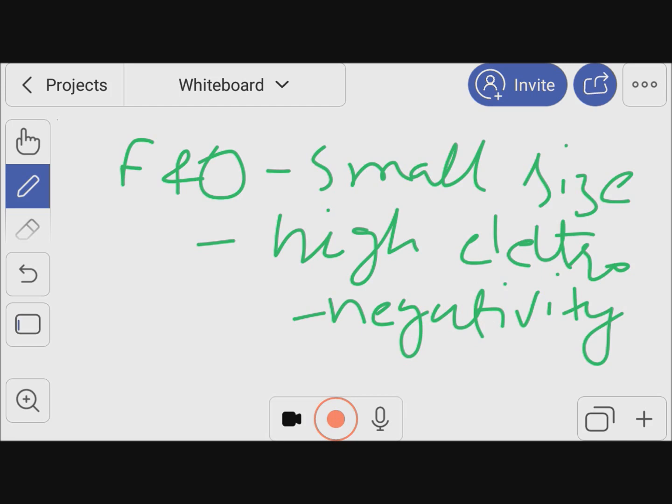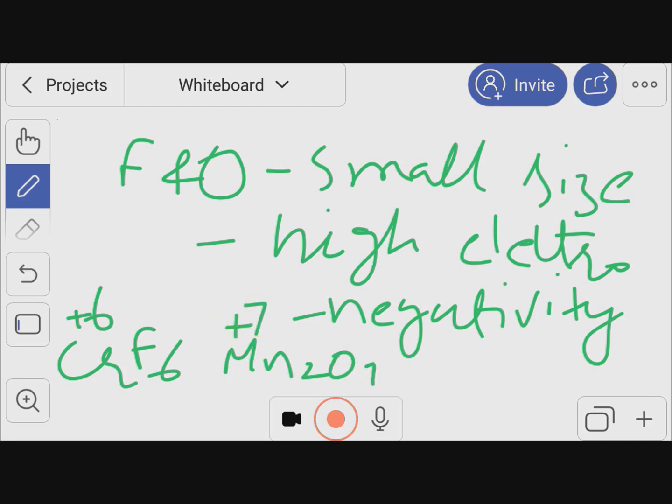For example, CrF6, in which chromium is present in the +6 oxidation state. Similarly, in the case of oxides, Mn2O7, manganese is present in the +7 oxidation state.